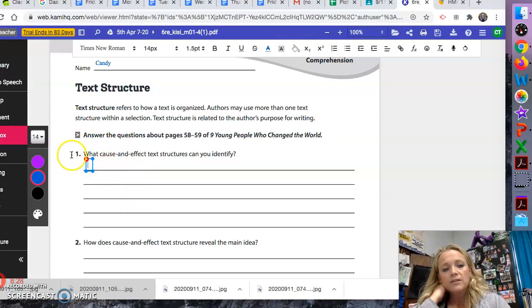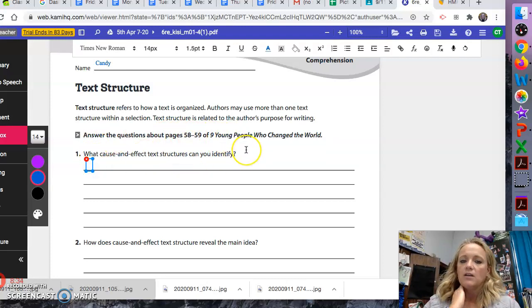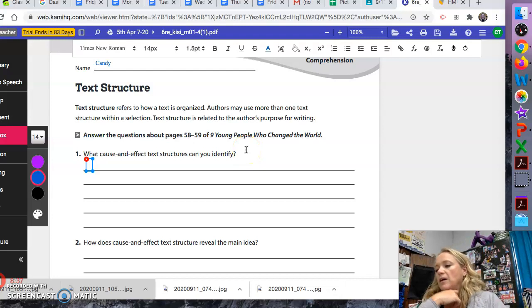So our first question says, after rereading 58 and 59, what cause and effect text structures can you identify? So when you think about everything I just read about Louis Braille, what is something that caused him to do something else? What is some cause that made something else happen?